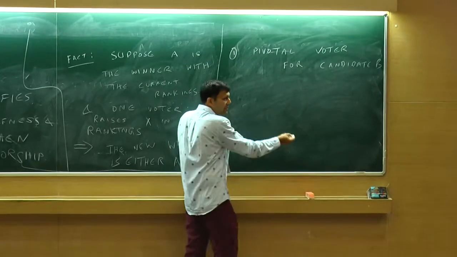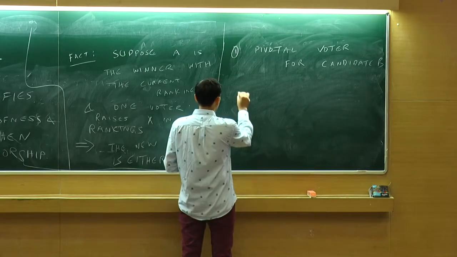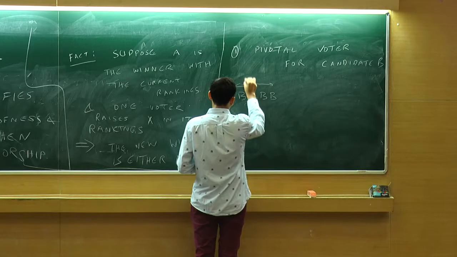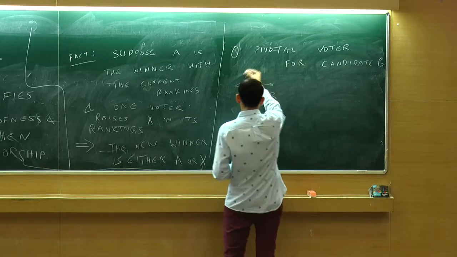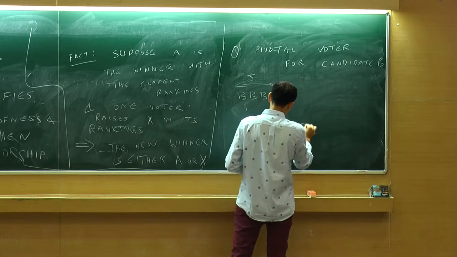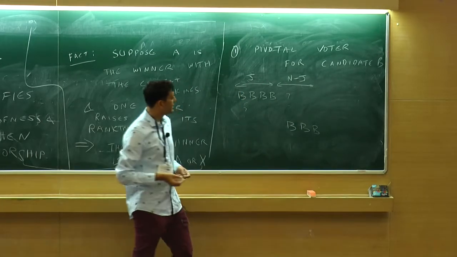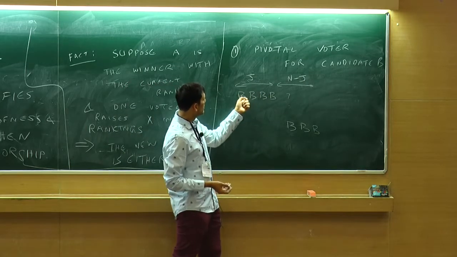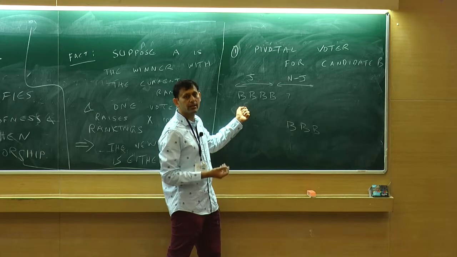Because B does not win when it's at the bottom, and B definitely wins when it's at the top, that means if I just look at rankings of this type, where the first j people rank B at the top, and the next n minus j people all rank B at the bottom, then there'll be a smallest j for which B becomes the winner.